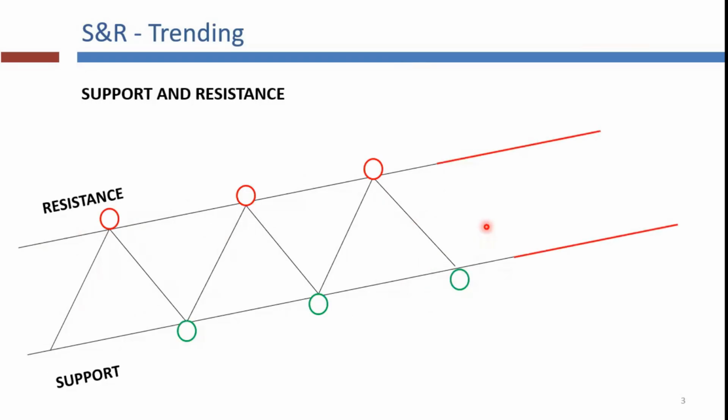If you extend these trend lines into the future, it can help you anticipate where price might react to the next resistance or next support zone. That is where the next support or next resistance may appear.